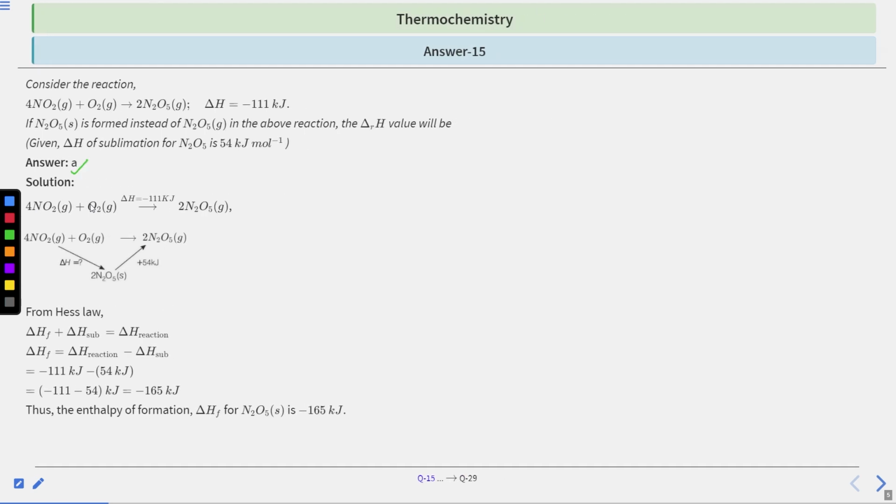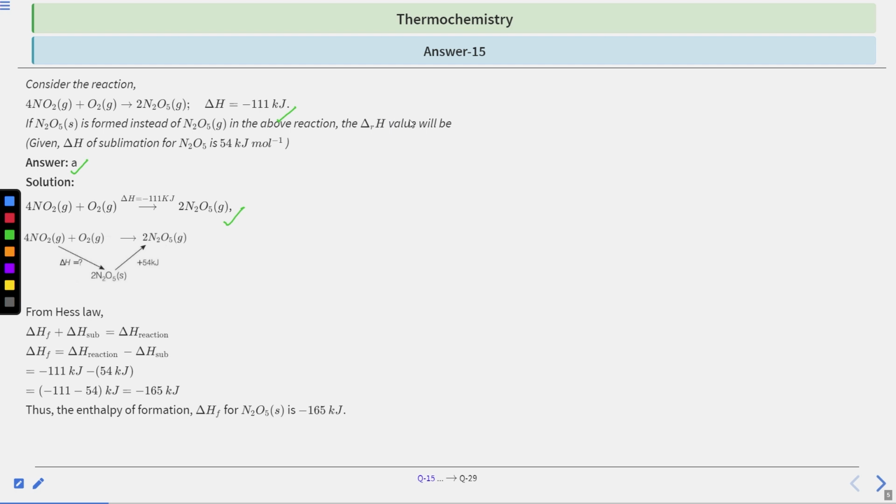So let's see how. This is the reaction which is already given in the question: 4NO2 plus O2 gives 2 molecules of N2O5 in the gaseous state, and the del H for this reaction is minus 111 kilojoule. But we have to find the del H for the reaction if N2O5 in solid state is formed.